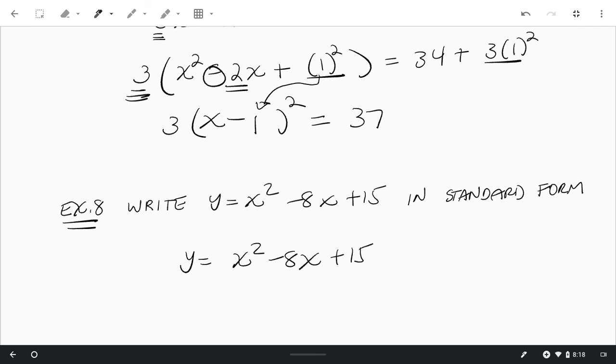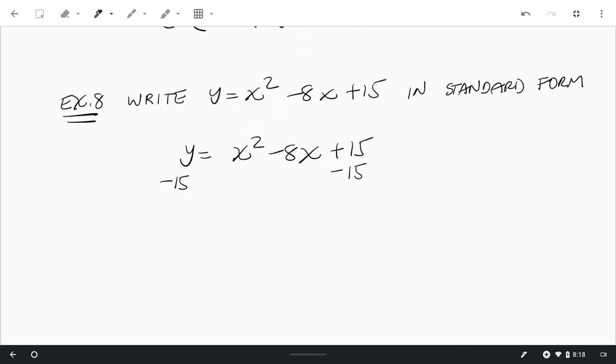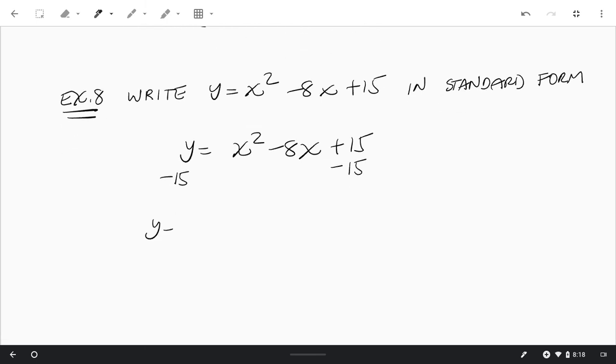And so instead of having a 0 on the other side of the equation, we have the variable y, okay? But the whole process is still the same, so I'm going to subtract 15 on both sides. Okay, it's just sort of getting out of the way right now, and then we're going to bring that back. Okay, so we have y minus 15 equals x squared minus 8x.